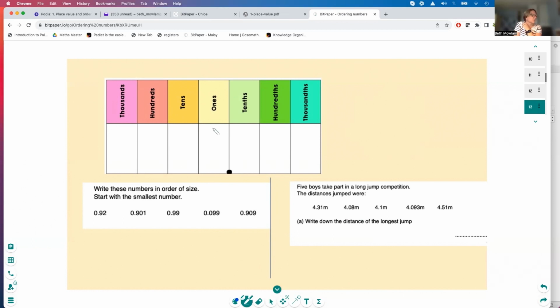So I'm going to write them into the table for the first one. So 0.92, 0.901, 0.99, 0.099, and 0.0.